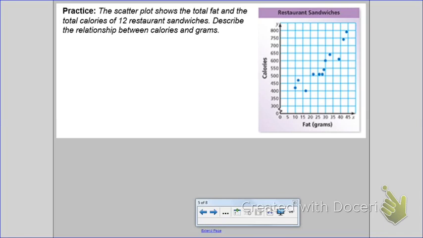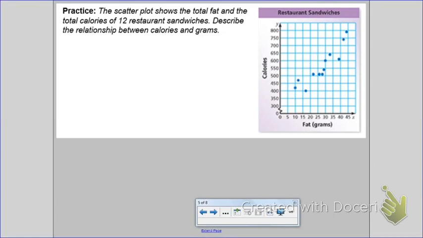This scatter plot shows the total fat and the total calories of 12 restaurant sandwiches. Describe the relationship between calories and grams. Well, if we look at the scatter plot and read it left to right, I see that these points are going upwards, so I know it's a positive correlation.